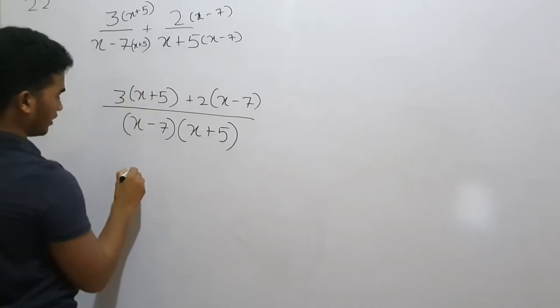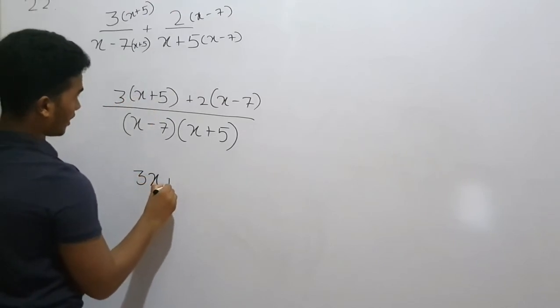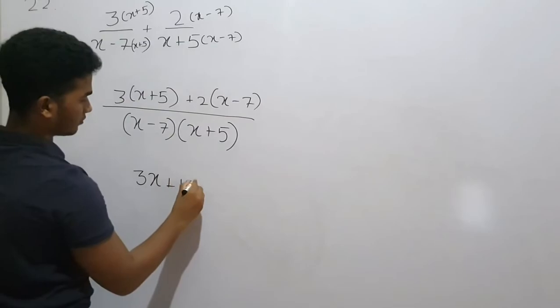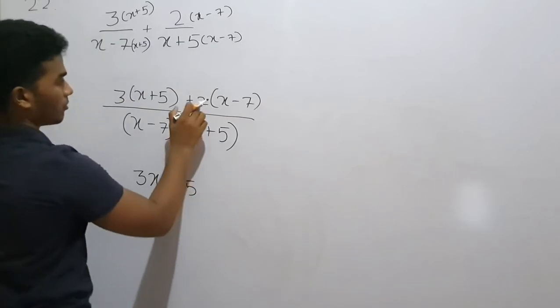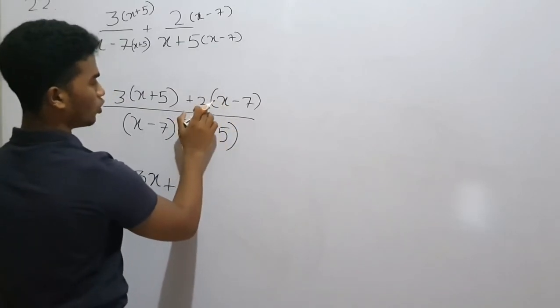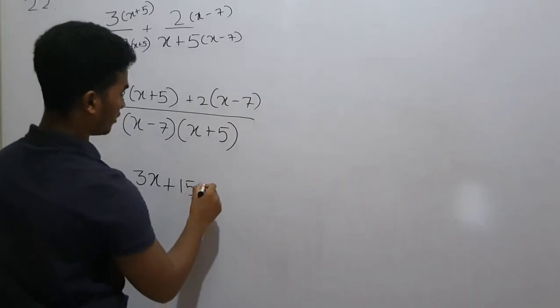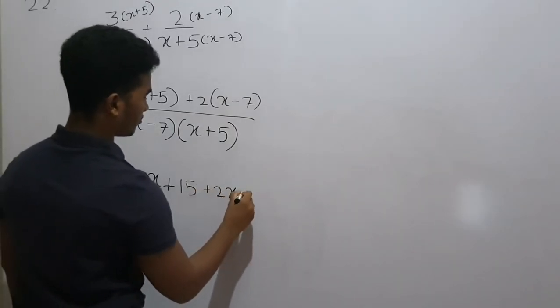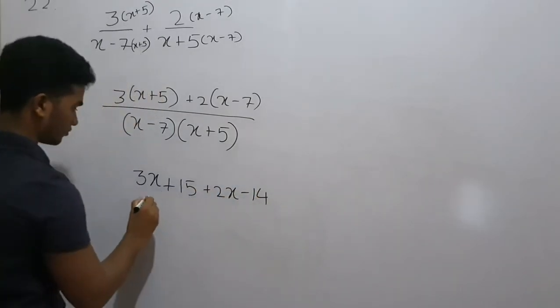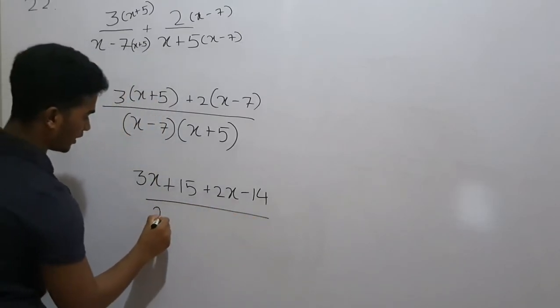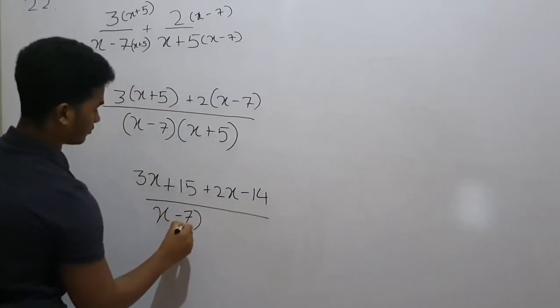3 into x is 3x, plus 3 into 5 is 15. 2 into x is 2x. 2 into minus 7 is minus 14, plus 2x minus 14. Denominator you can leave it like this.